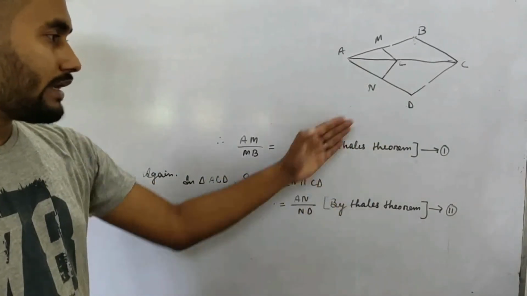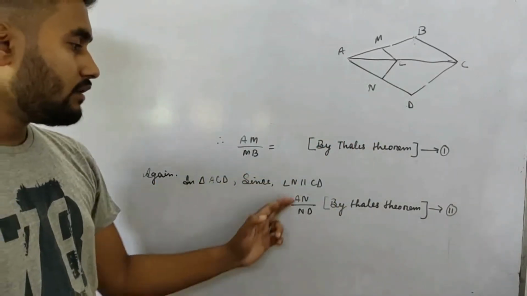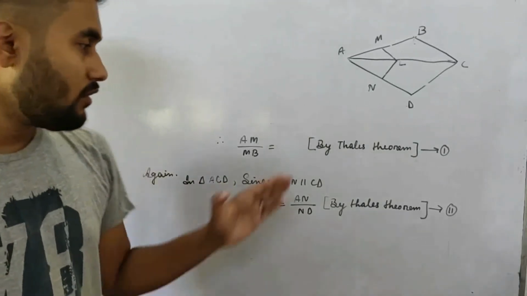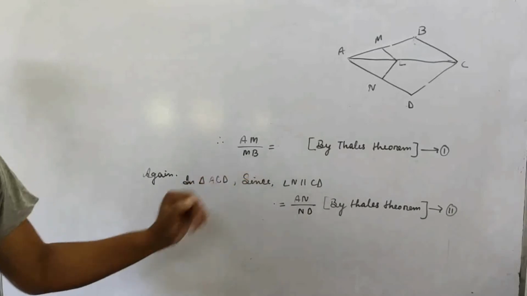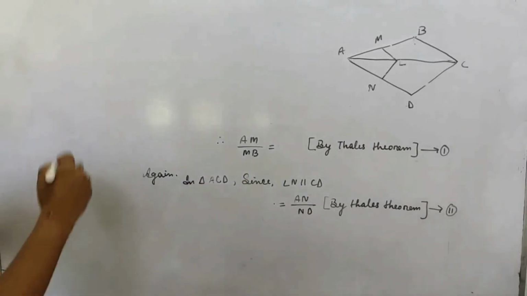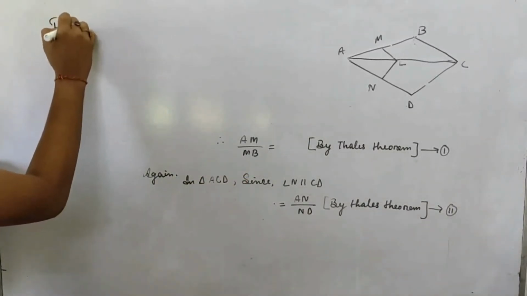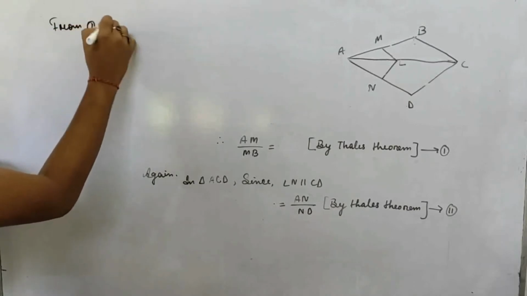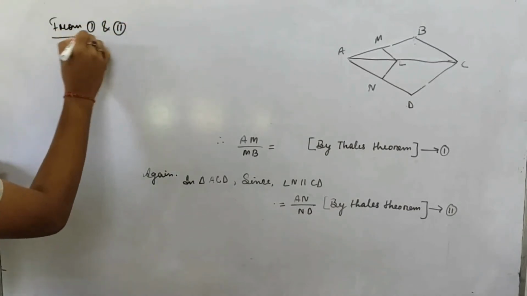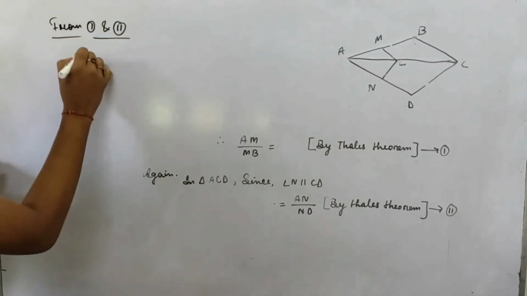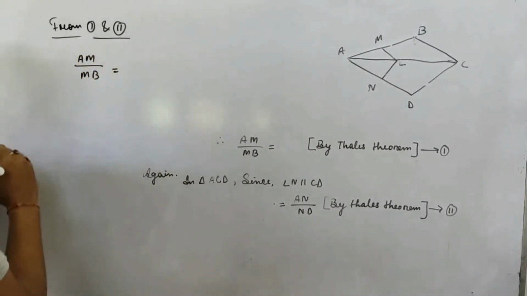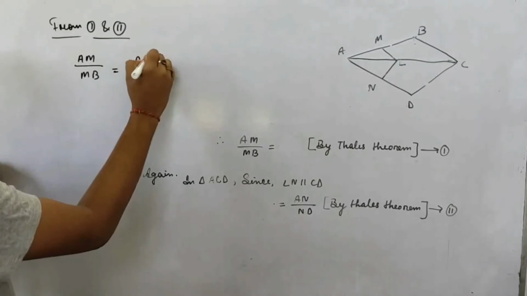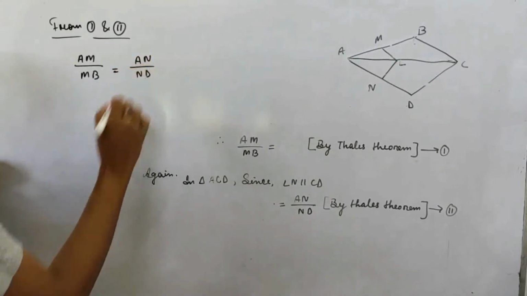So from 1 and 2 I can say AM by MB will be equal to AN by ND, because AL by LC is the same thing. So from 1 and 2, I will get AM by MB will be equal to AN by ND.